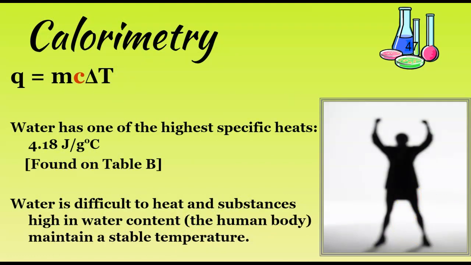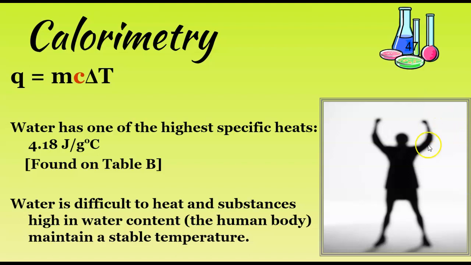But water, being an enigma on its own, a very special thing, its specific heat is 4.18 joules per gram Celsius. Now you can see that is a lot more heat per gram needed than metal or copper, which is why we use metals and coppers in our pans to help heat the food or, for instance, water.